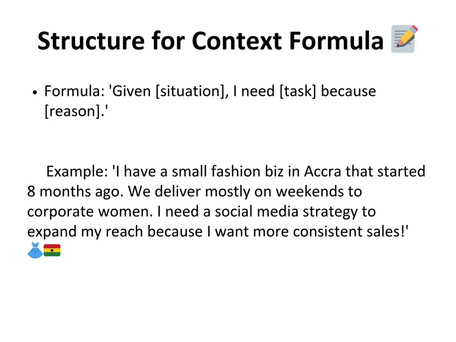We deliver mostly on weekends to corporate women. That is the situation and the background behind this person's business. Now, he says, I need a social media strategy. A social media strategy is the task. He says, to expand my reach because I want more consistent sales. That is the reason: expanding reach for more consistent sales.